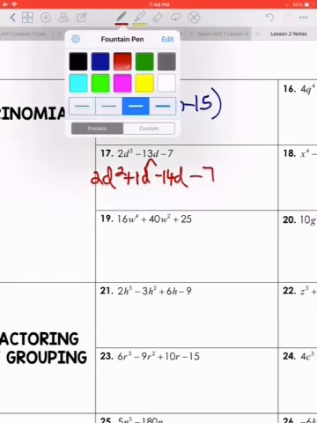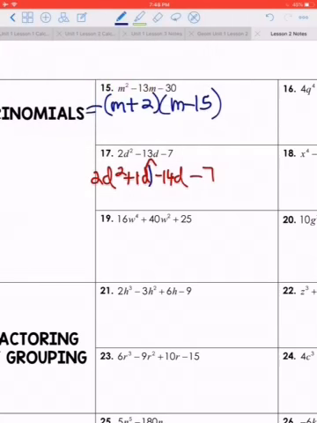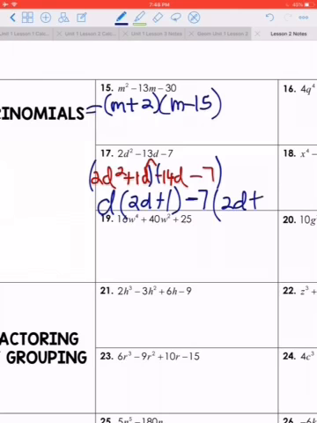Okay? Then you think of them as like two separate groups, and you take out what's in common. Okay, so 2d squared plus 1d, what's in common is d, and if I factor that out, it would give me 2d plus 1. Okay, now remember, if they're both negative, what's in common has to be negative, and 7. Alright, and what's left is 2d plus 1.